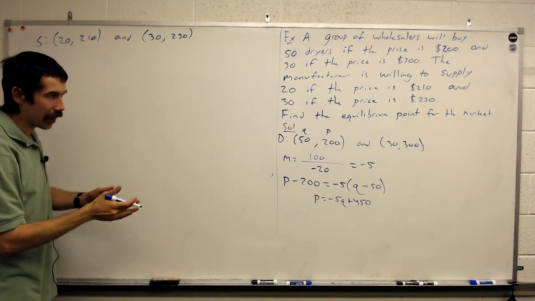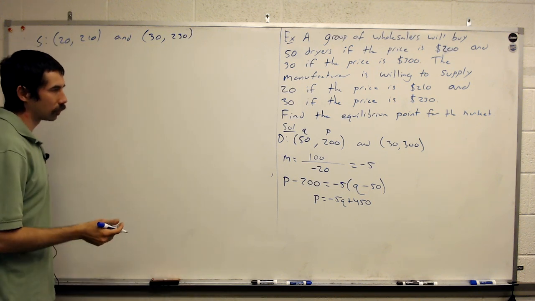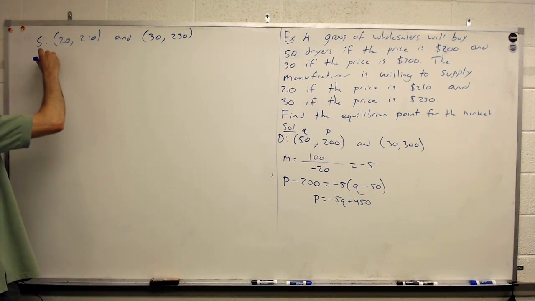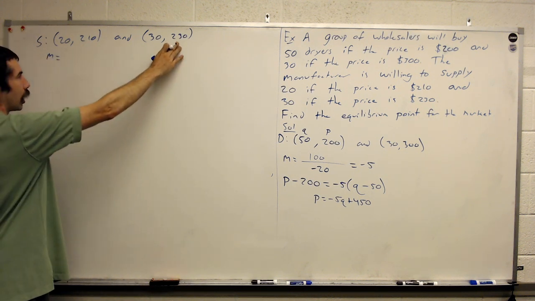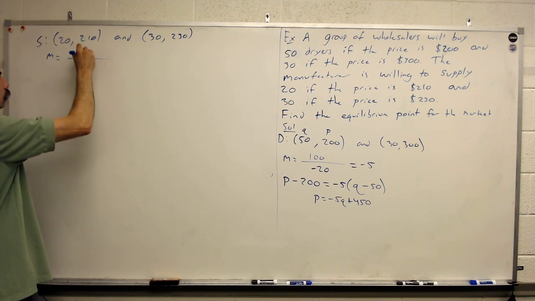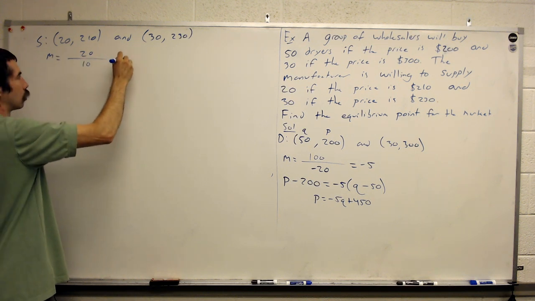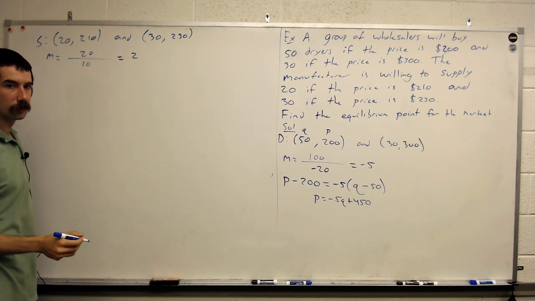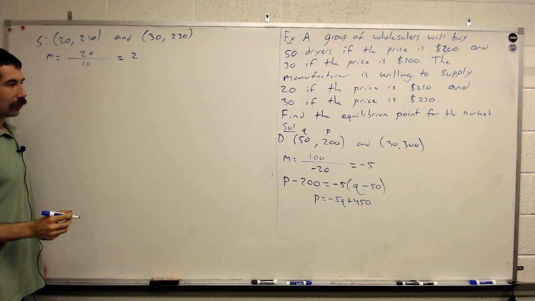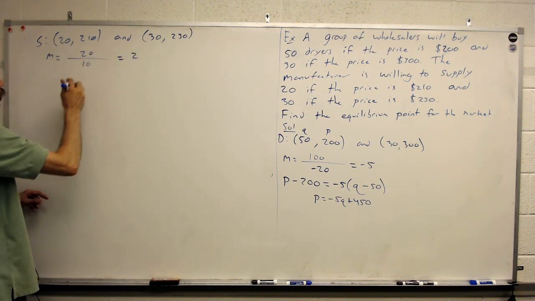Just like with demand, let's find the slope, and then we'll get the equation of the line. Our slope is the change in price over the change in quantity, which is 2.